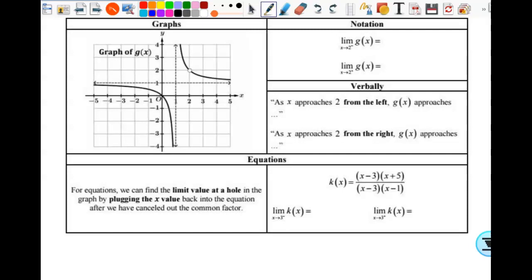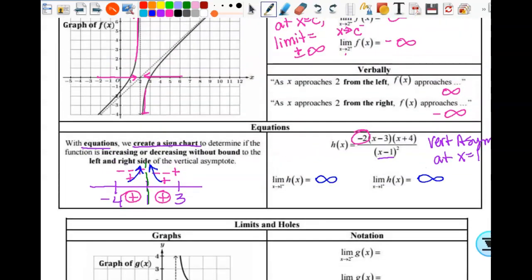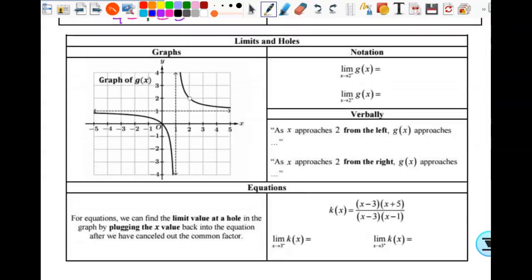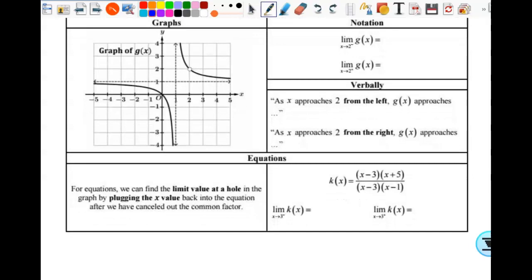So here, notation looks the same, right? If you look back up here, the limit is x approaches 2 from the left and 2 from the right. It's the same thing as right here. Of course, we have f of x and g of x, but it's the same thing otherwise. But when I look at my graph, different things are happening. So as x approaches 2 from the left, what is y approaching? 2.